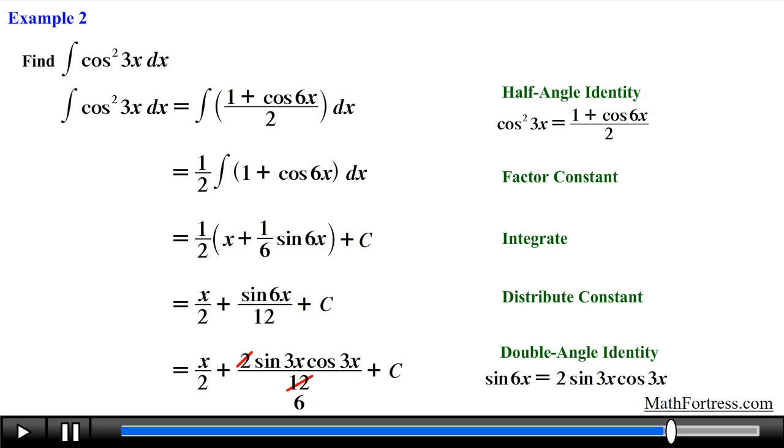Simplifying the expression, we obtain an alternative answer of the integral equal to x over 2 plus sine of 3x times cosine of 3x over 6 plus c. Make sure you take into account the argument of the trigonometric function. When using identities, you might need to take the expressions inside the argument into account.